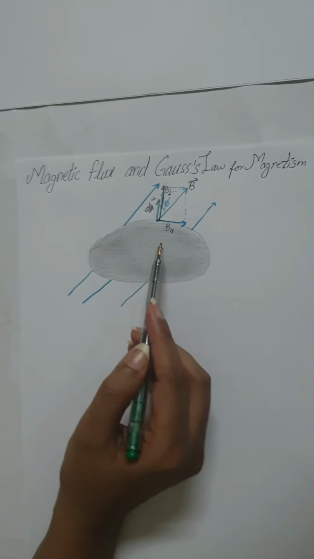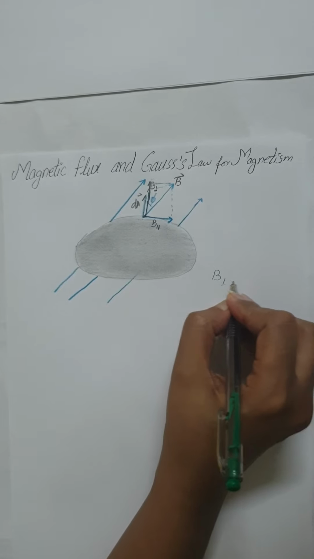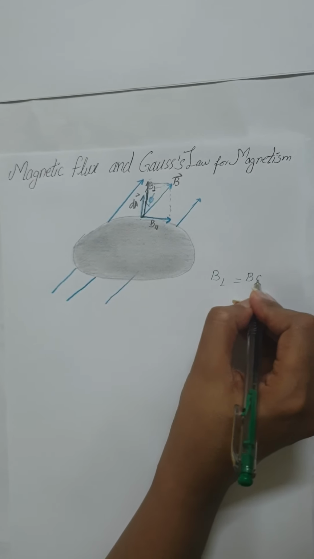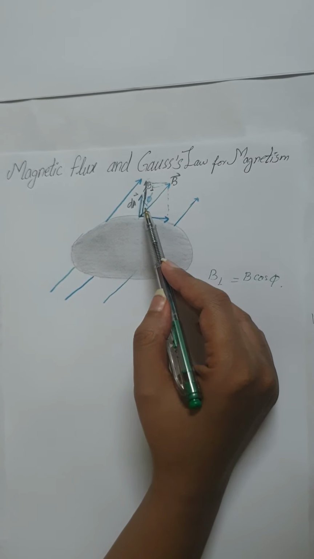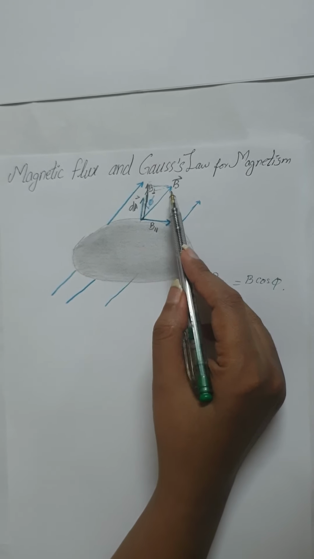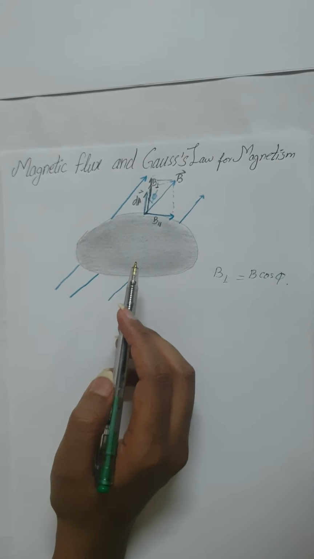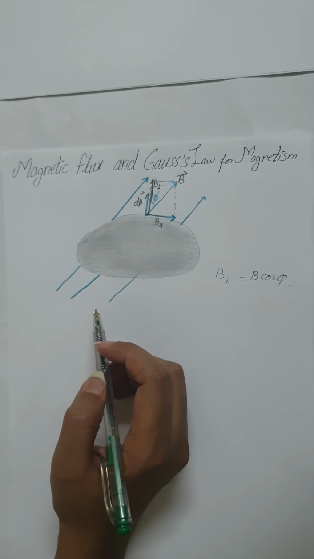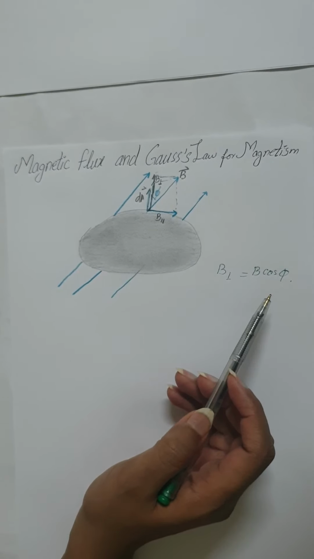So from this figure we can see the perpendicular component, where phi is the angle between the direction of B and a line perpendicular to the surface. This component varies from point to point on the surface.